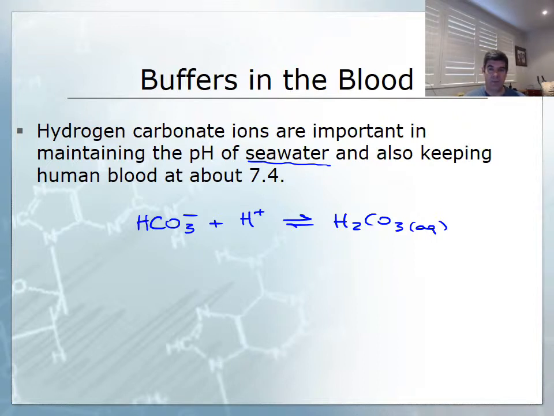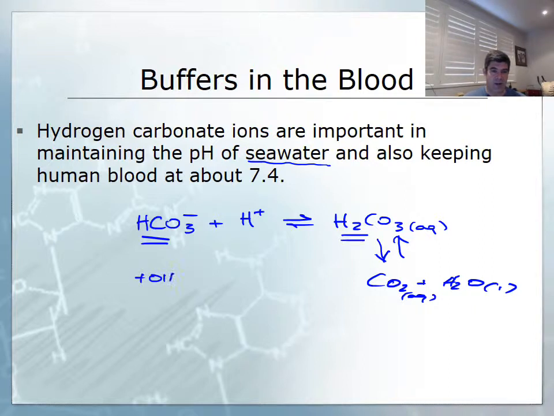The problem with human blood is we also have some other things going on, such as carbon dioxide and water, and they too are going to change this particular equilibrium. So there are a couple of things that are happening. But again, if you look at these two species, then we get a bit of a sense of what happens as we add OH- ions. This one here is the base. This is the acid, in this case the conjugate.